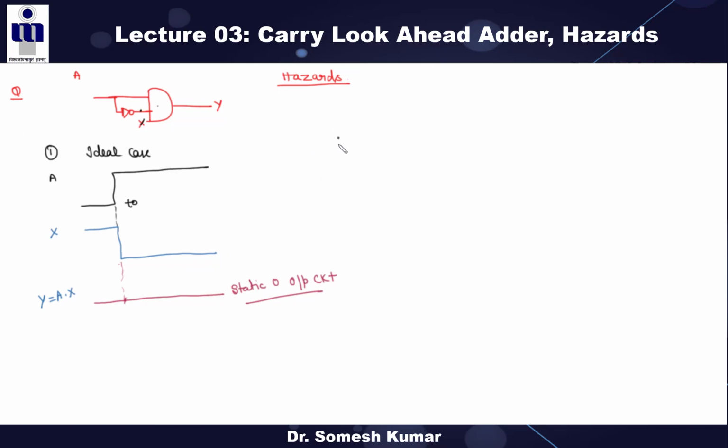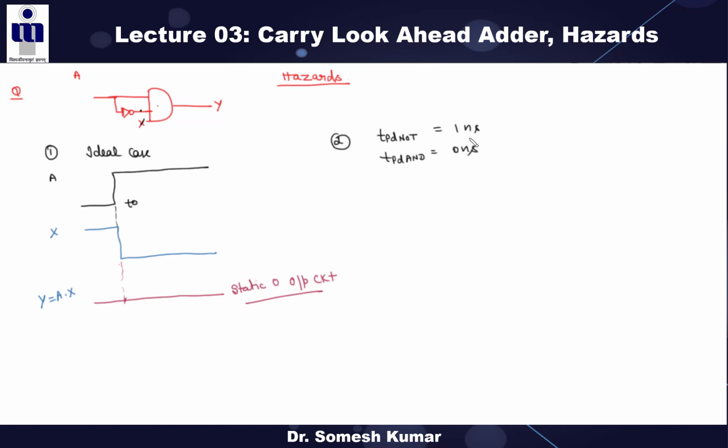This is your second case. In the second case, the delay of your NOT gate is 1 nanosecond and the delay of your AND gate is 0 nanosecond.